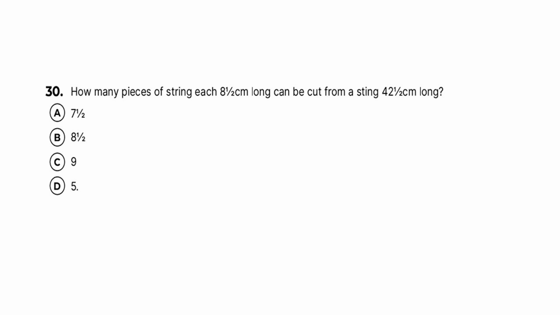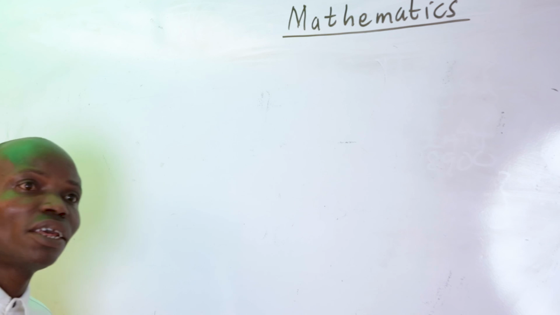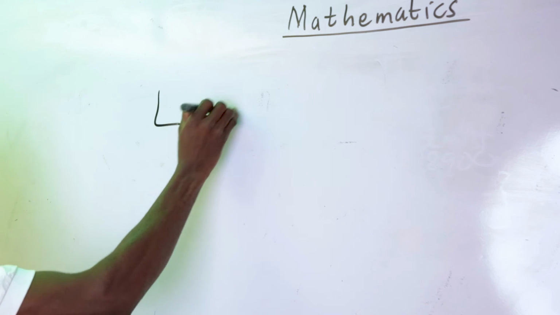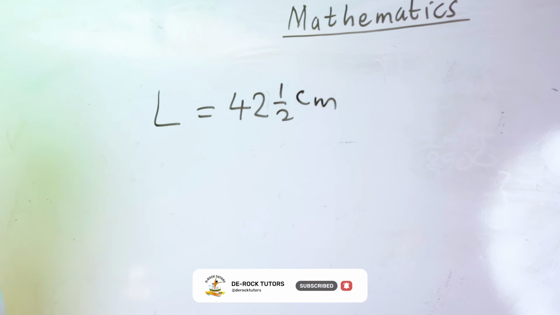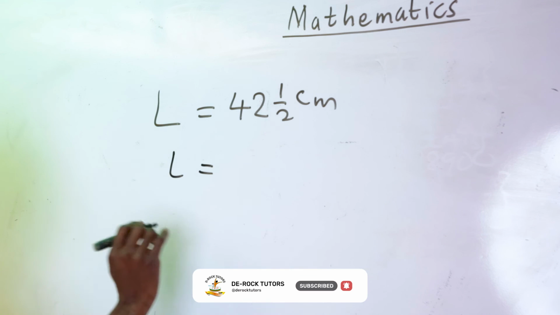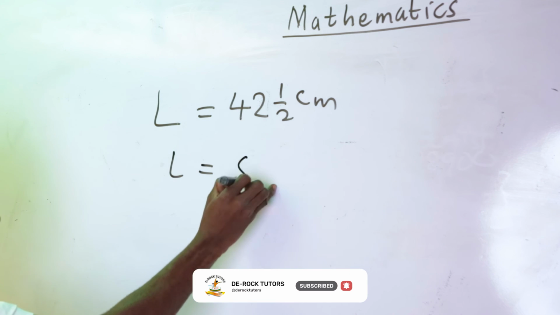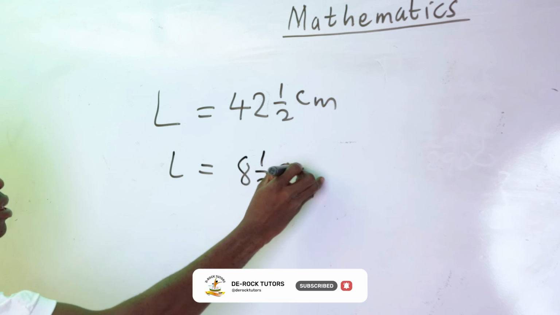Number 30. How many pieces of string, each 8.5 centimeters long, can be cut from a string 42.5 centimeters long? The total length is 42.5 centimeters, while the length of each cut of the string is 8.5 centimeters.